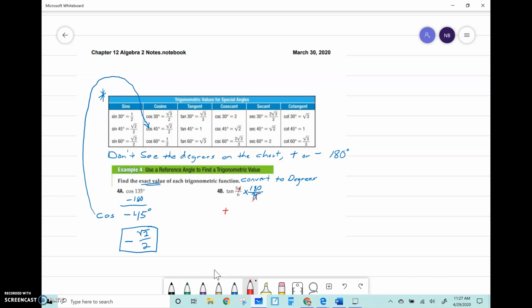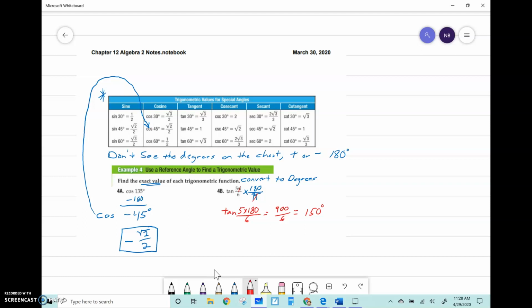So now I have the tangent of 5 times 180 over 6. All right, and if we just multiply that out, we get 180 times 5 gives us 900 over 6. And if we divide 900 by 6, we get 150 degrees. Okay?